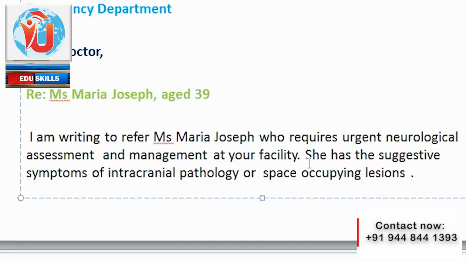And the next sentence is, she has suggestive symptoms of intracranial pathology or space occupying lesion. Here, the purpose is given in our writing task like a query. They are suspecting some intracranial pathology for this patient. So I have kept this as suggestive symptoms of, to rule out, to have a definitive diagnosis. We need urgent neurological intervention.